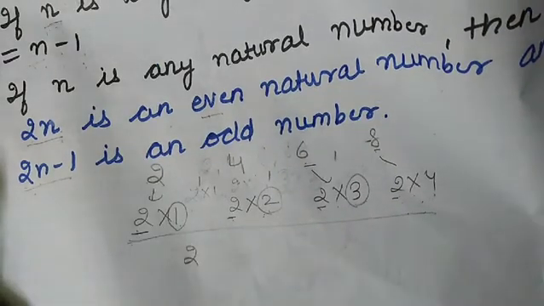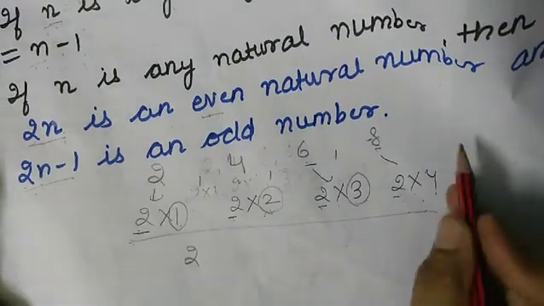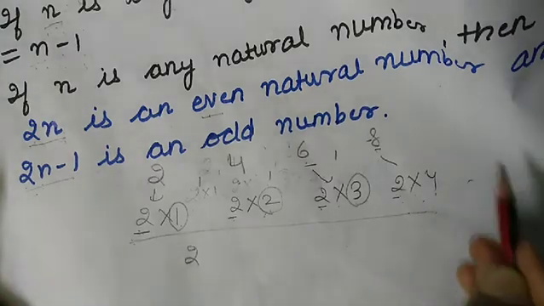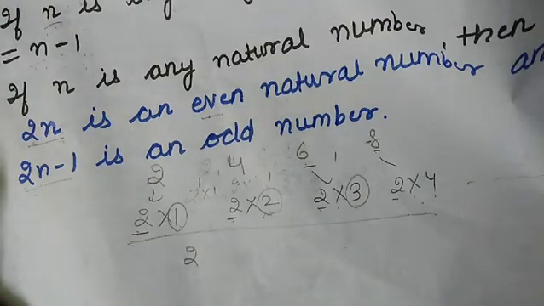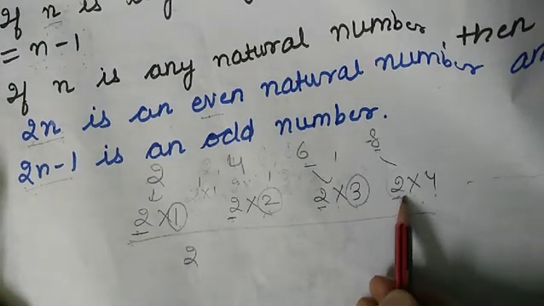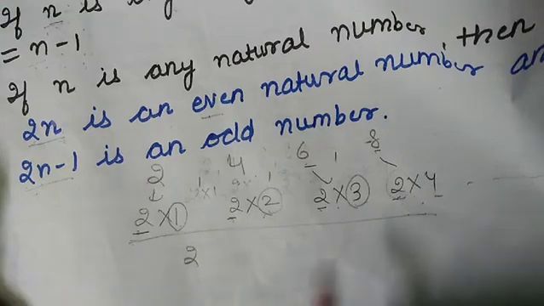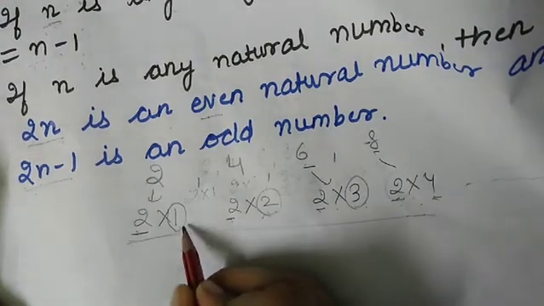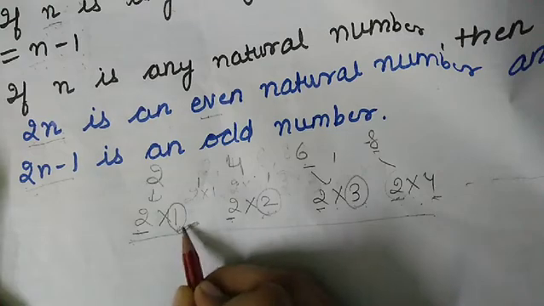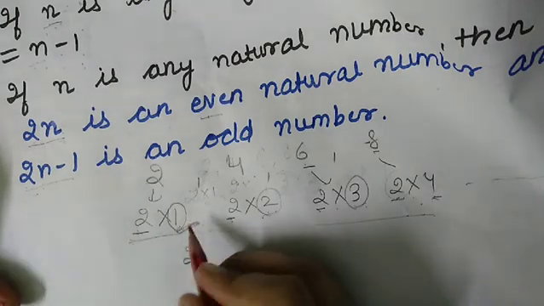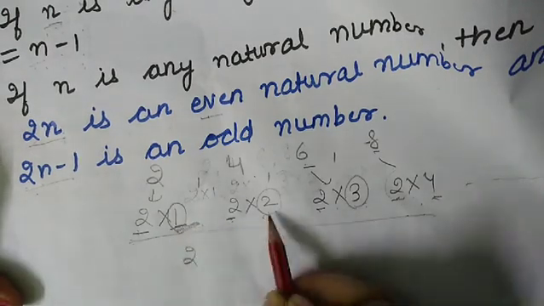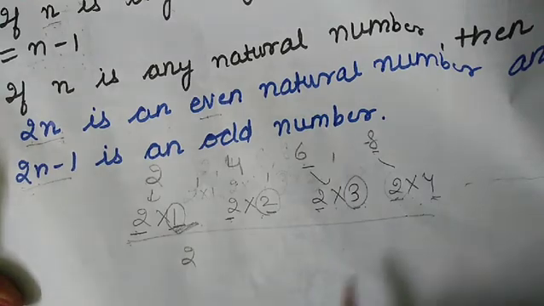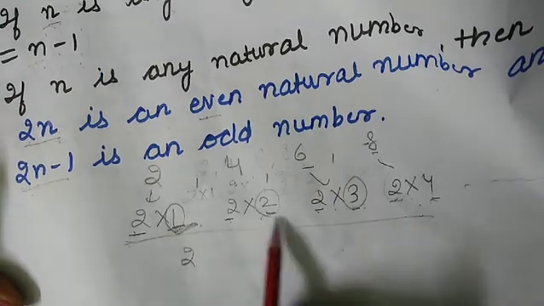Next will be 10, which can be written as 2 into 5. So 2 remains the same, and the second factor changes from 1, 2, 3, 4 and so on. It means these are changing by natural numbers.